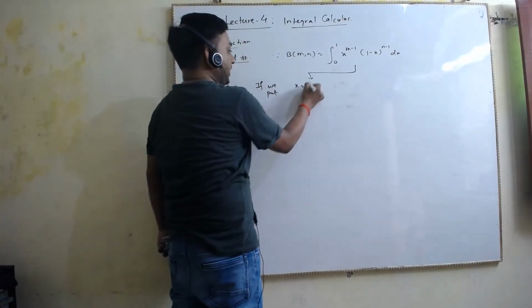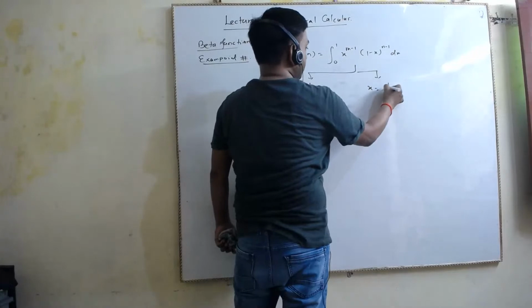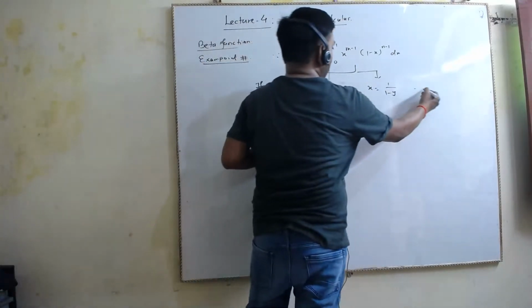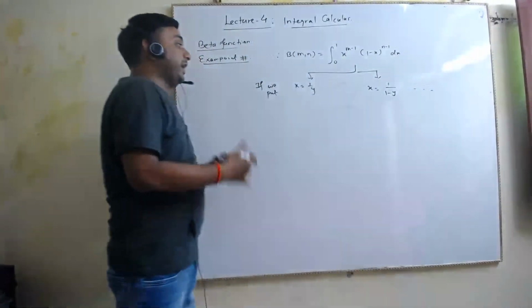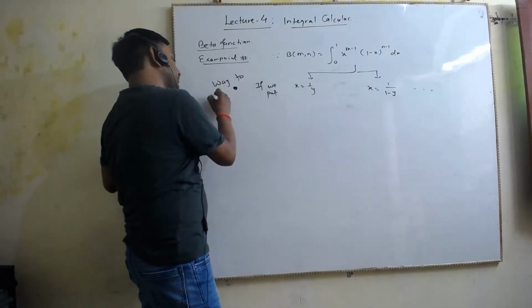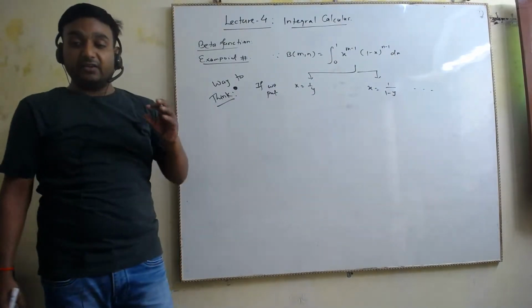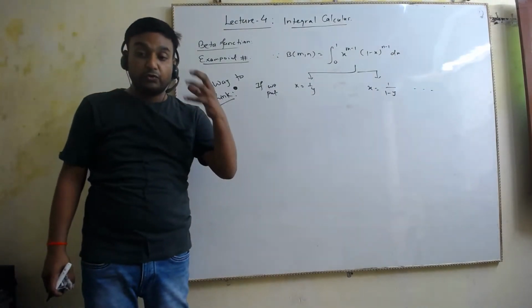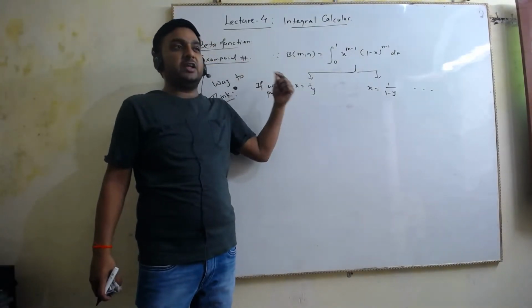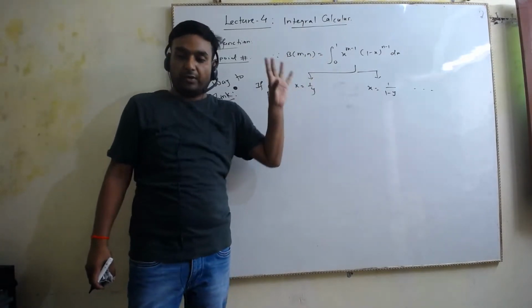Let's say if we put x equals 1 upon 1 minus y, you can think of, right? So why I am not directly giving you the formula? Because in many integrations you are supposed to have the ability to judge what substitution can work, which can give the standard form.